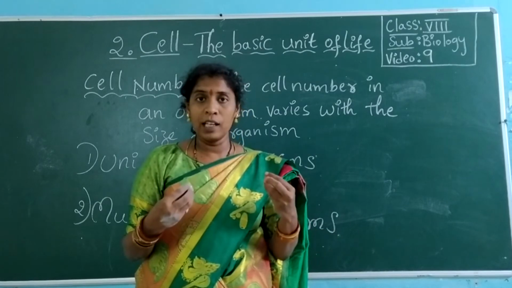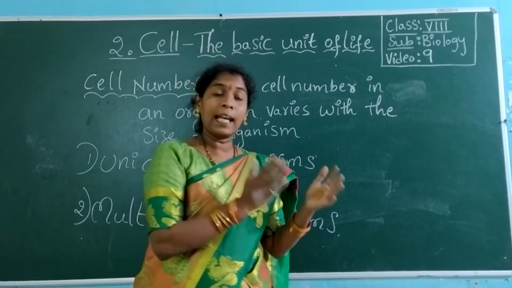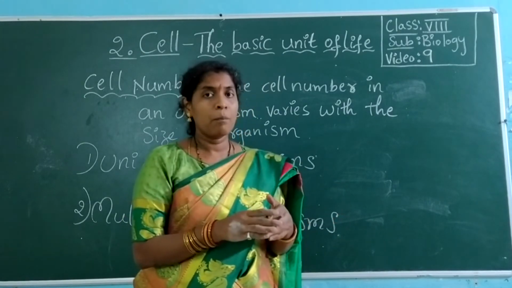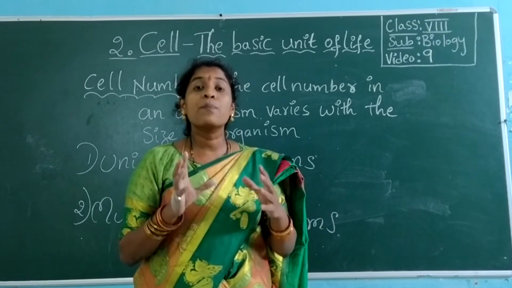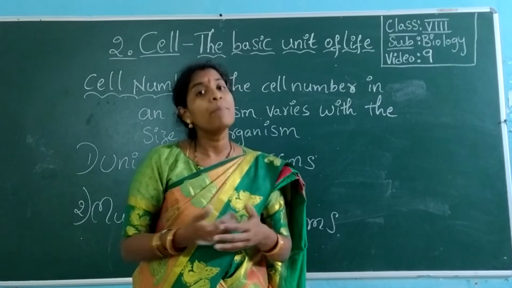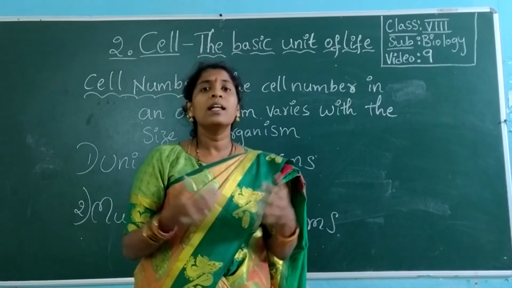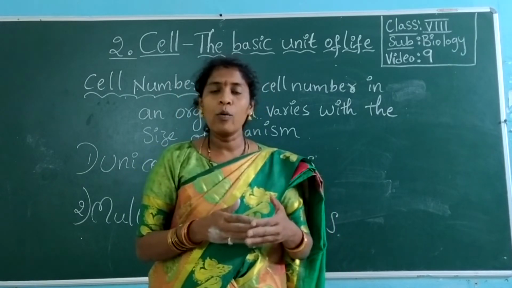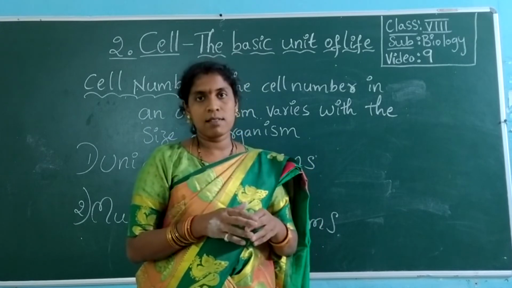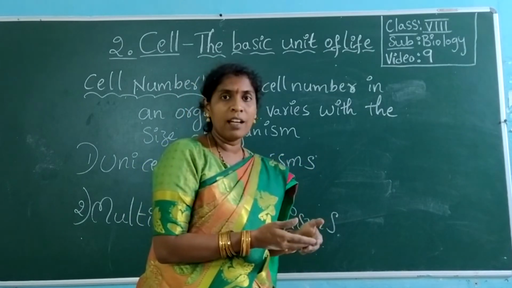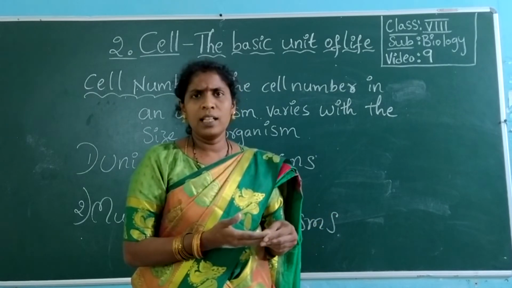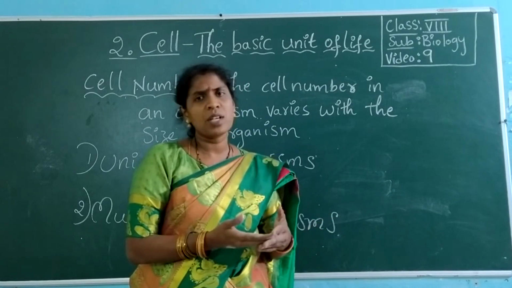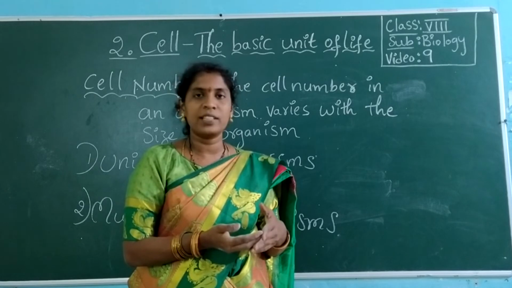But in my body and in a rat body, the cell volume is the same. Then how does the size vary? It's based on the number of cells. For example, in my body, I have 100 trillion cells. Then in a rat body, 20 billion or 2 lakh cells are present.